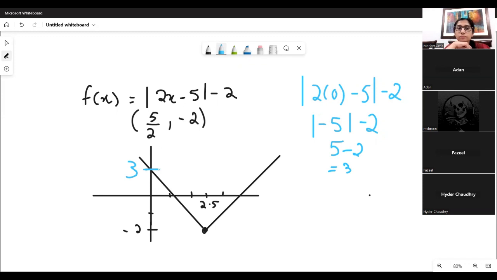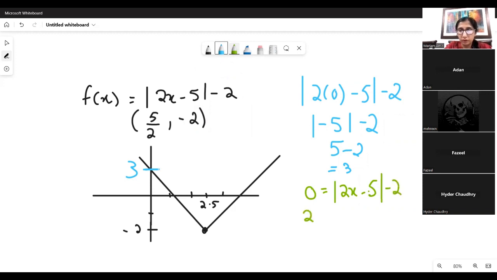Ma'am, by setting f(x) equal to 0. We set y equal to 0. So 0 equals modulus of 2x minus 5, minus 2. So 2 is equal to modulus of 2x minus 5.